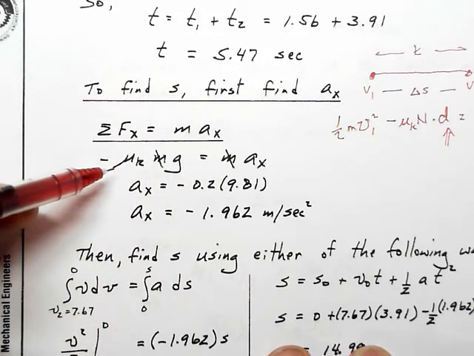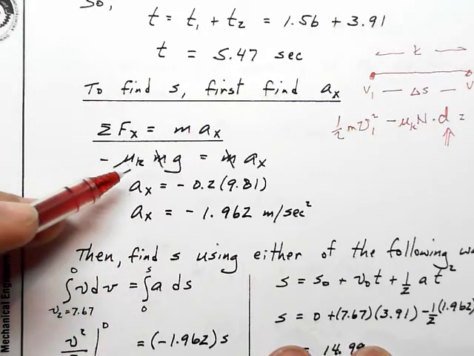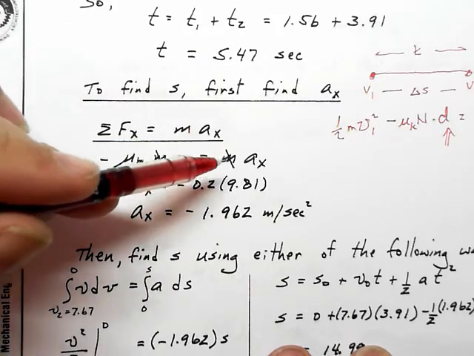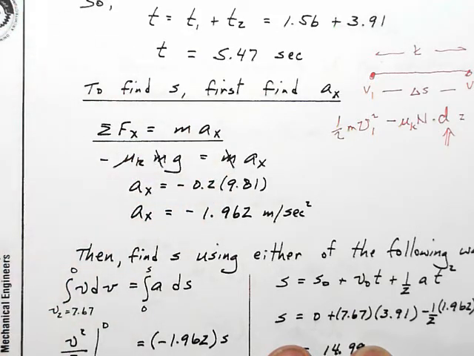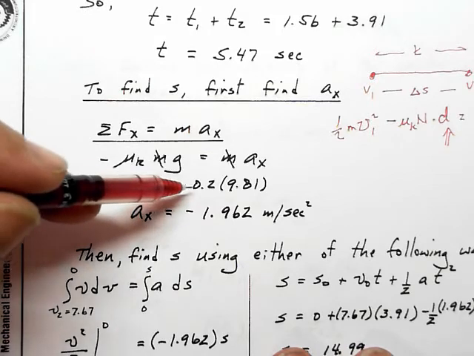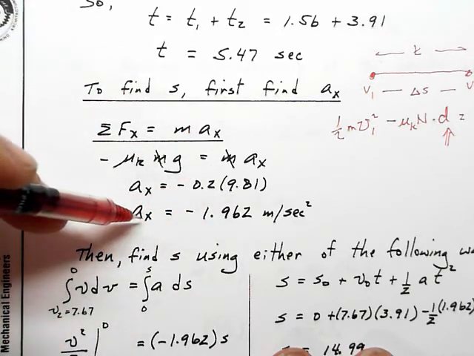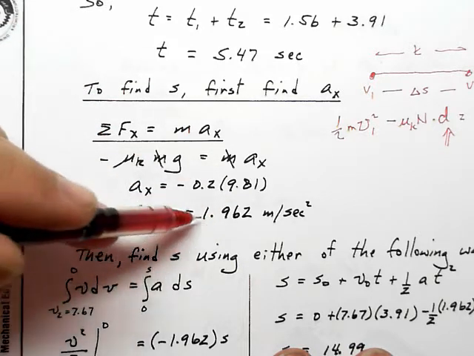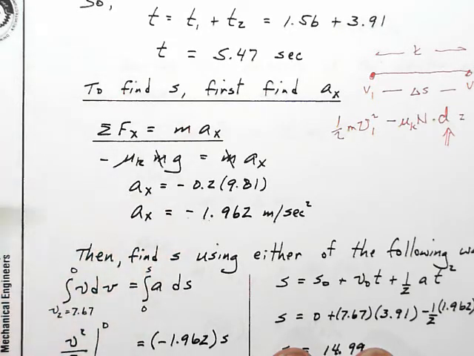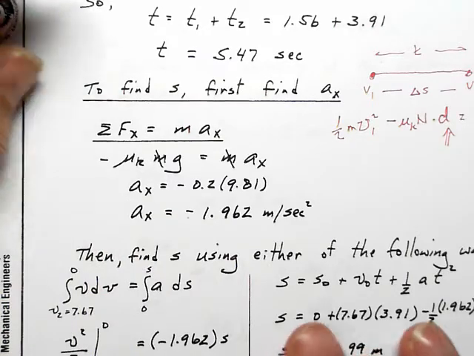The only force acting in the x direction is friction, and it's acting in the negative x direction. So mu times the normal force, mg, mu times the weight, is equal to mass times acceleration. Mass cancels, and so our acceleration that comes from the friction force is equal to minus 0.2 times 9.81, or the acceleration, which is really a deceleration since it's negative. The deceleration in the x direction is 1.962 meters per second squared.